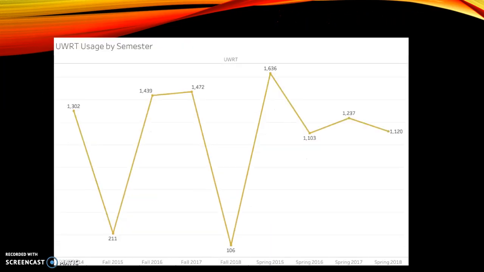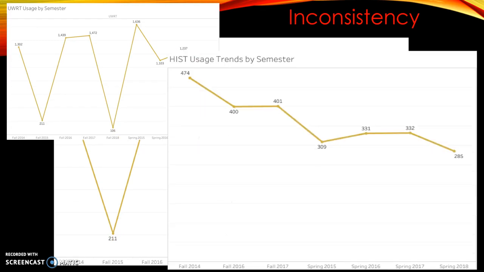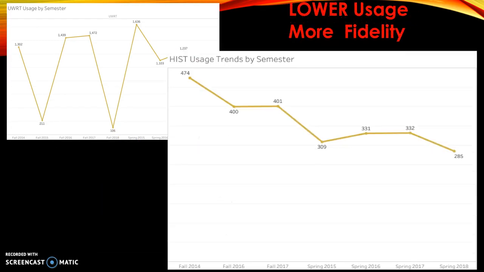But if you go a little deeper and do it by semester, then you can see there are vast inconsistencies in usage within the writing department, who again are the biggest stakeholders. However, in the history department, though they have less usage, their usage is more consistent.